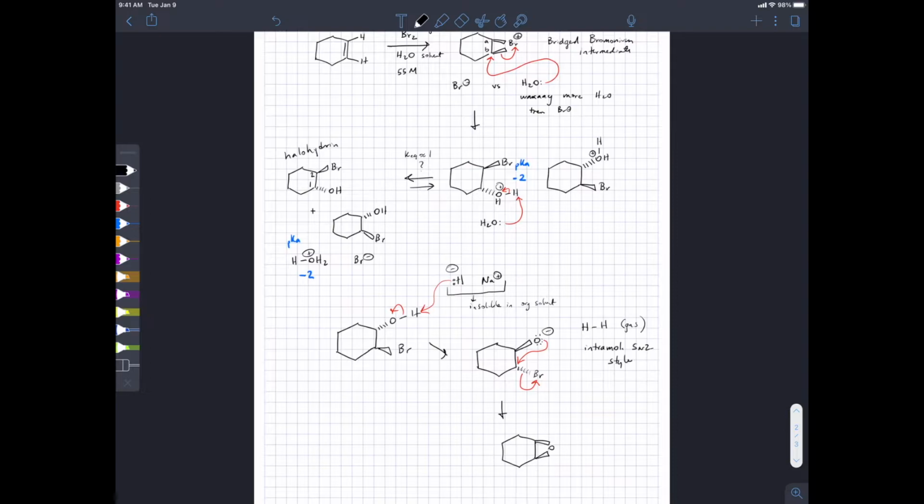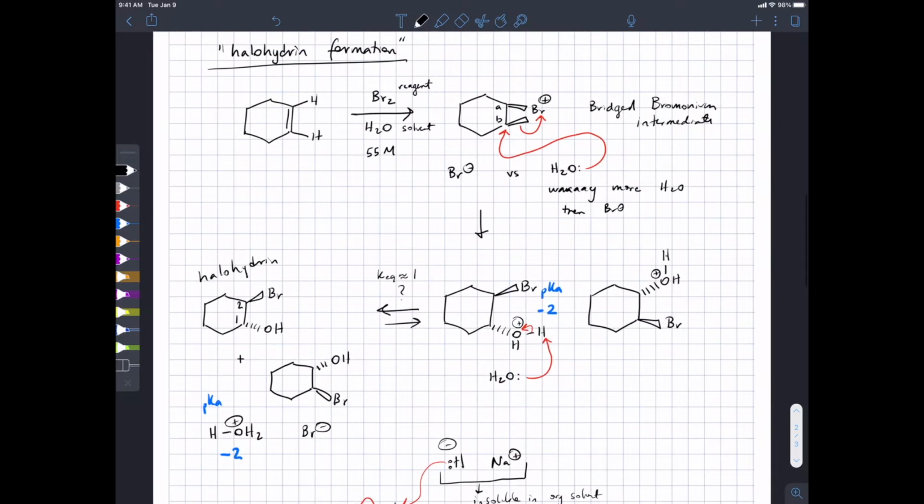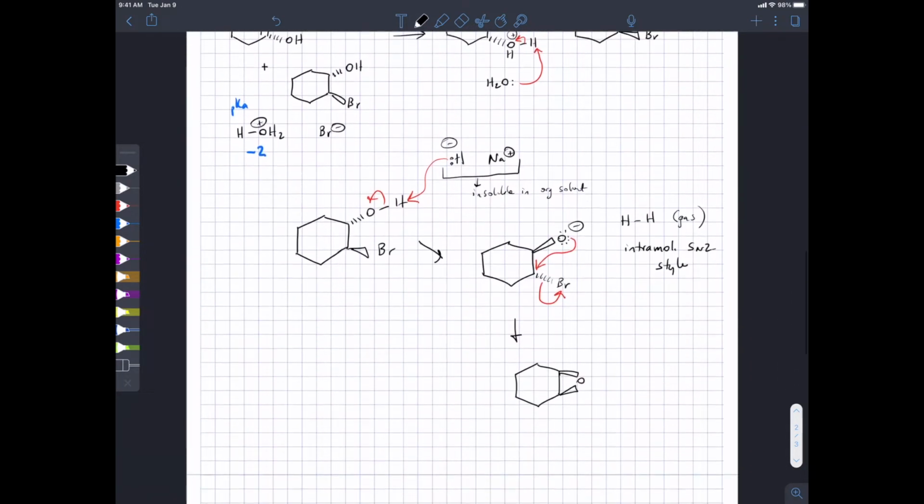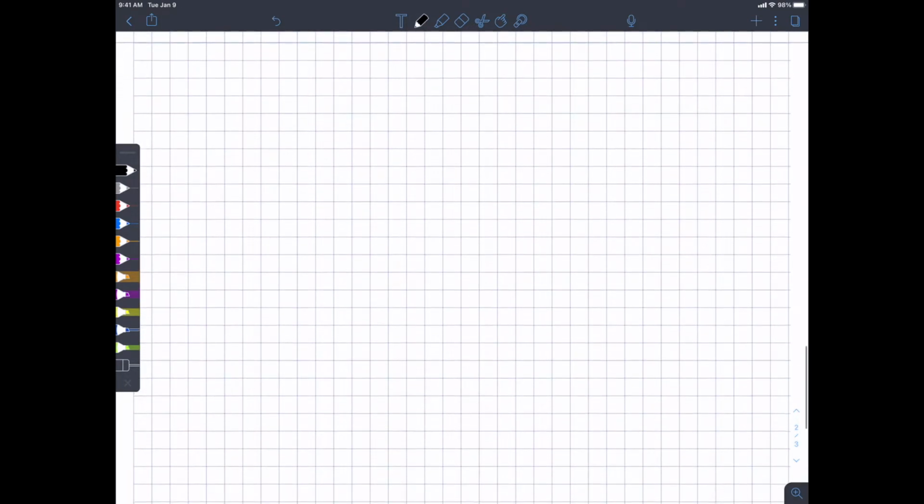And then lastly, with halohydrins, there is a regioselectivity issue. It's not apparent because in the example molecule I showed you, carbons A and B are identical. So let's come up with a situation where A and B are not identical.